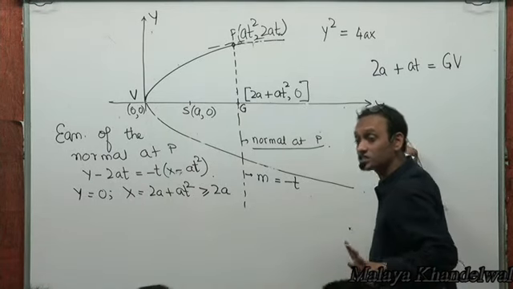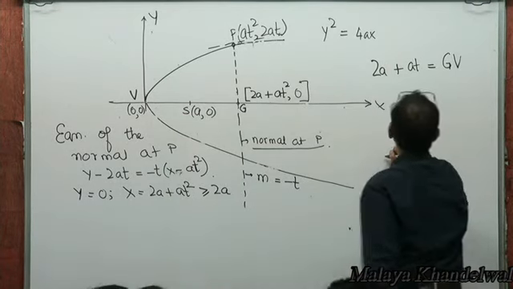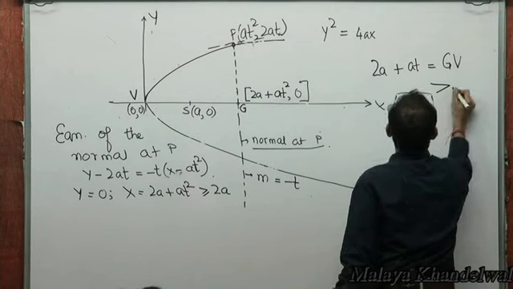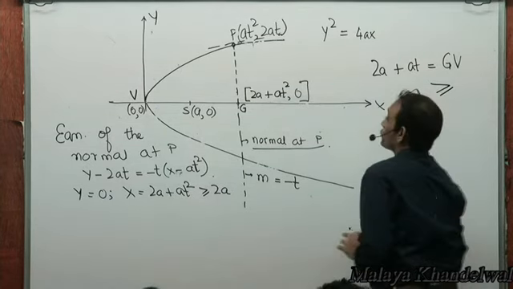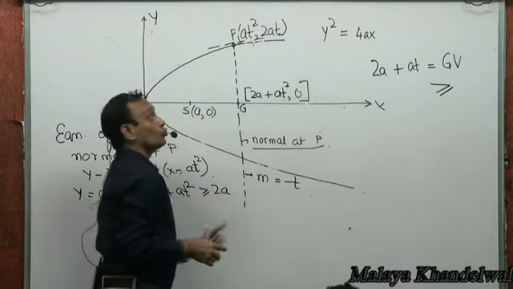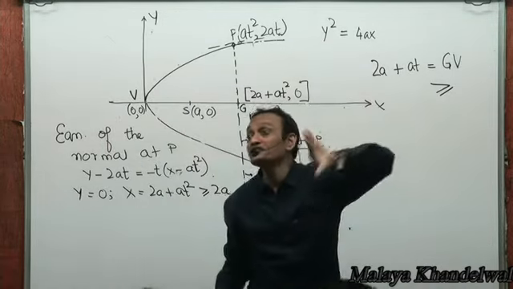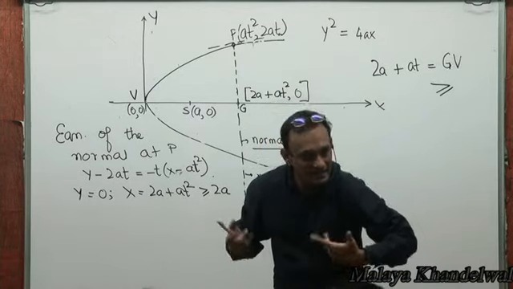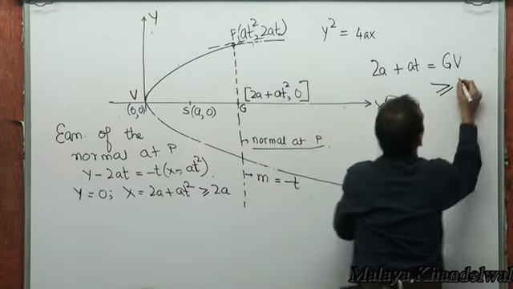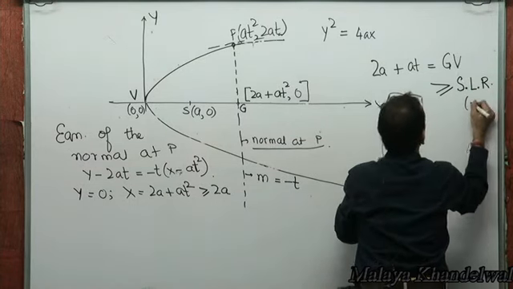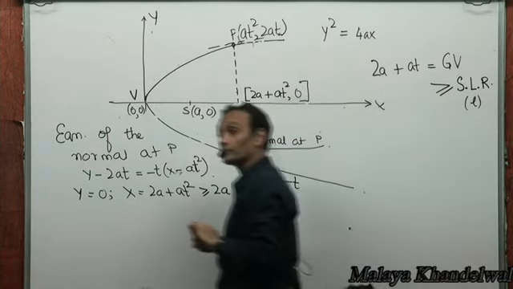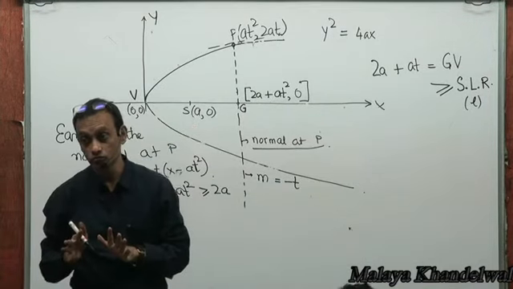And this distance from the vertex is always greater than or equal to 2a. 2a is what? Semi-latus rectum. 2a is the semi-latus rectum, right? Yes or no?